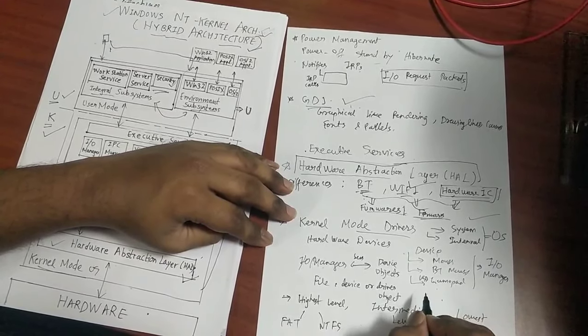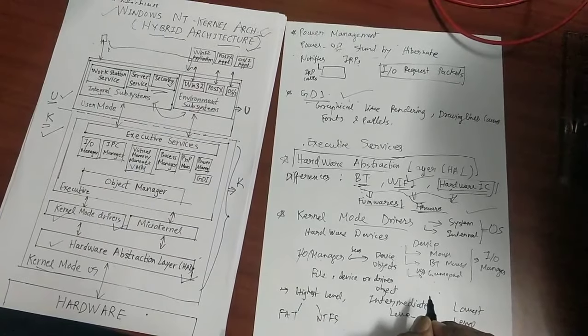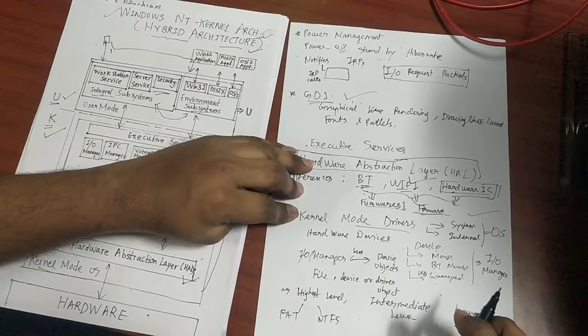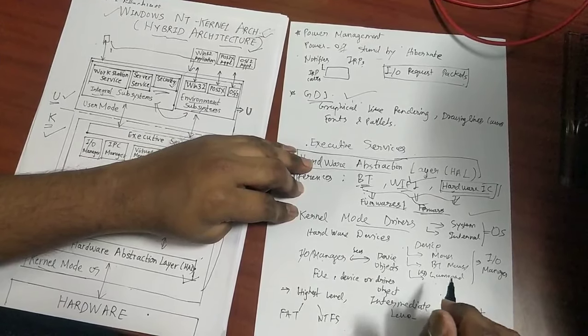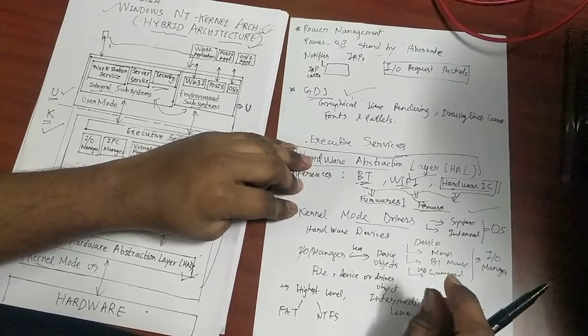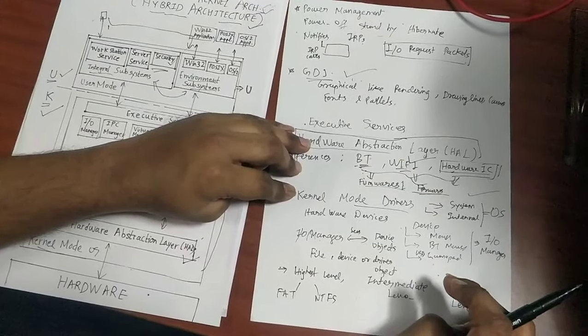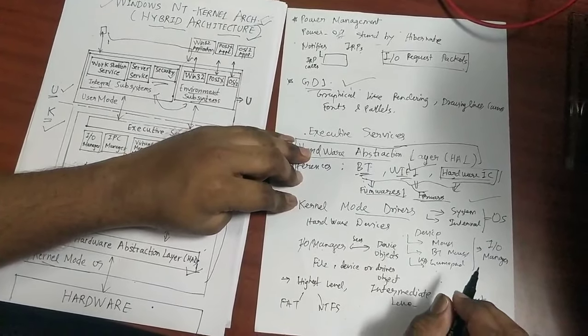The function drivers then rely on a bus driver, or a driver that services a bus controller, adapter, or a bridge, which can have an optional bus filter driver that sits between itself and the function driver.